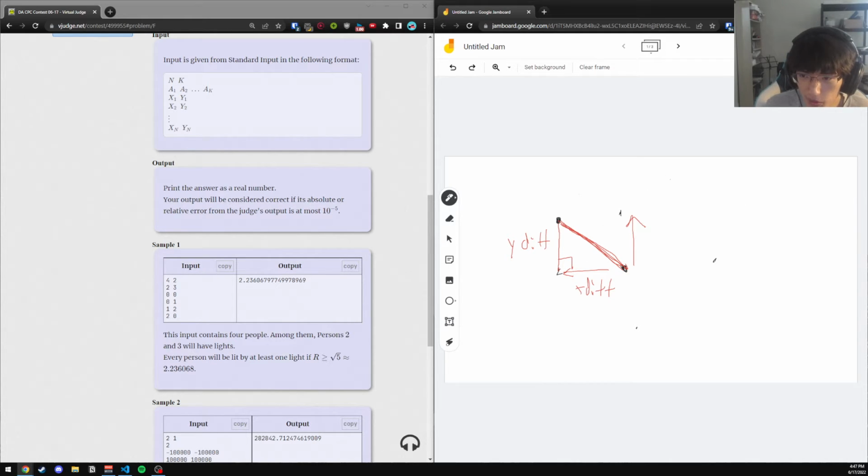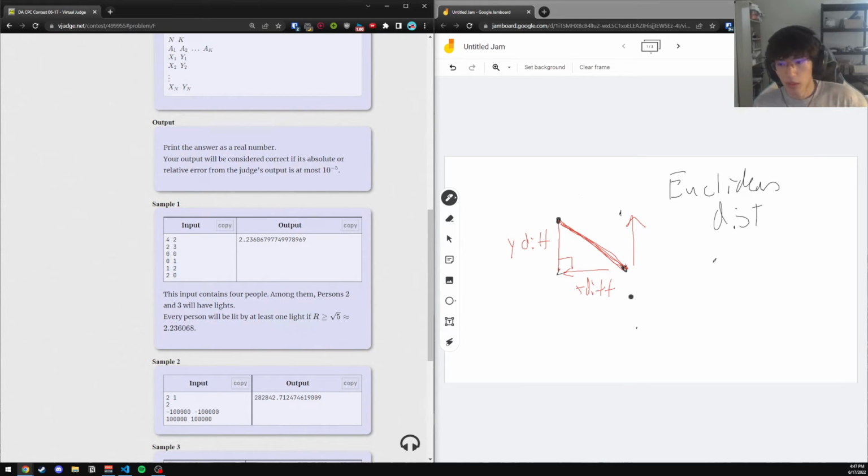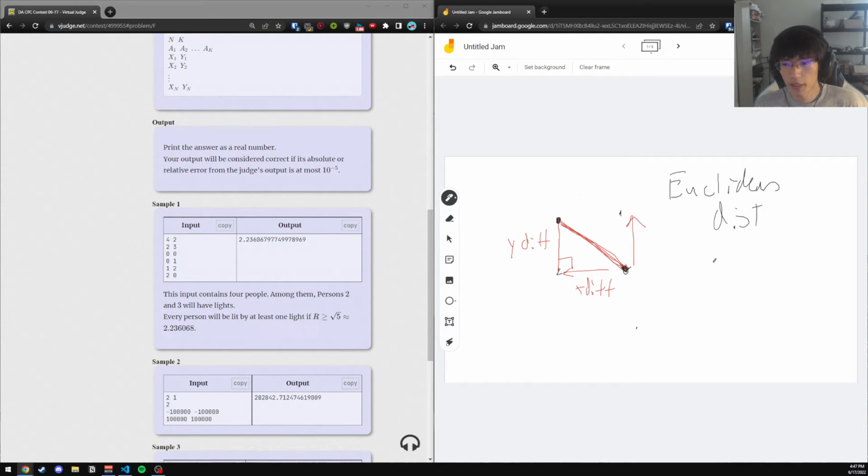This is called the Euclidean distance. Now we know if there's some person here that has a light, and this is the furthest person away, then this is going to be the distance.